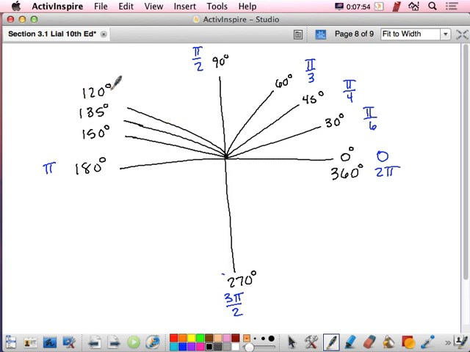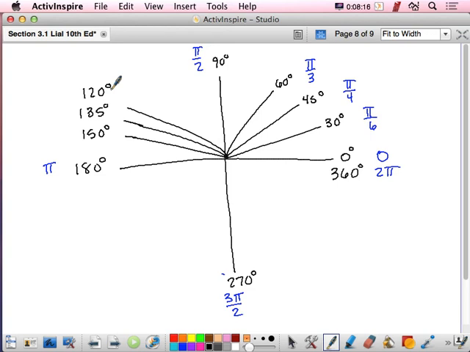And so there are the 3 additional angle measures that exist out there. Now, notice that I have not yet put the ordered pairs on here. I really don't see the reason to do that right now. We'll talk about that on the next slide. I just want you to get used to what the angles look like both in degrees and radians right now.